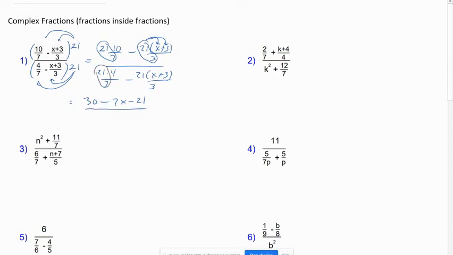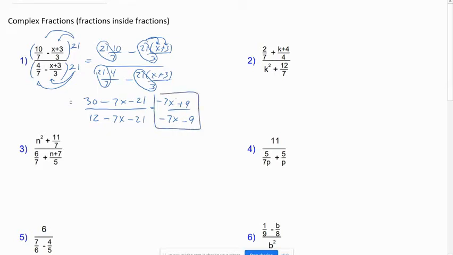Here I have 21 divided by 7, which is 3, times 4 is 12. 21 over 3 is 7, so we get minus 7x minus 21. So what I end up with altogether is negative 7x plus 9 over negative 7x minus 9. And that is the final answer.